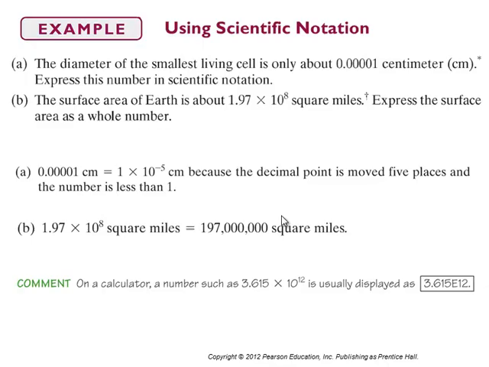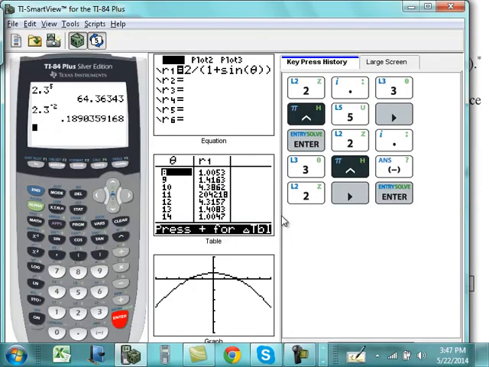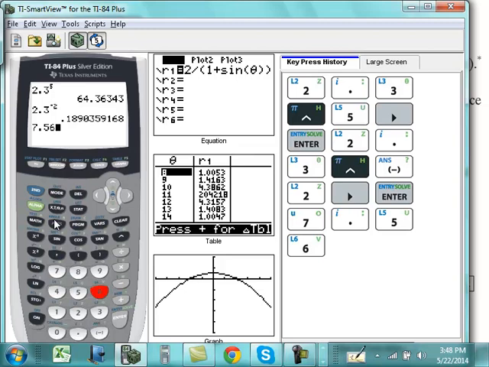Now, on your calculator, if you want to use scientific notation, then you'll use this button right here where it says EE. So if you wanted to do 7.56 times 10 raised to the, well, then we'll use that symbol right there, to the 12th power or something.